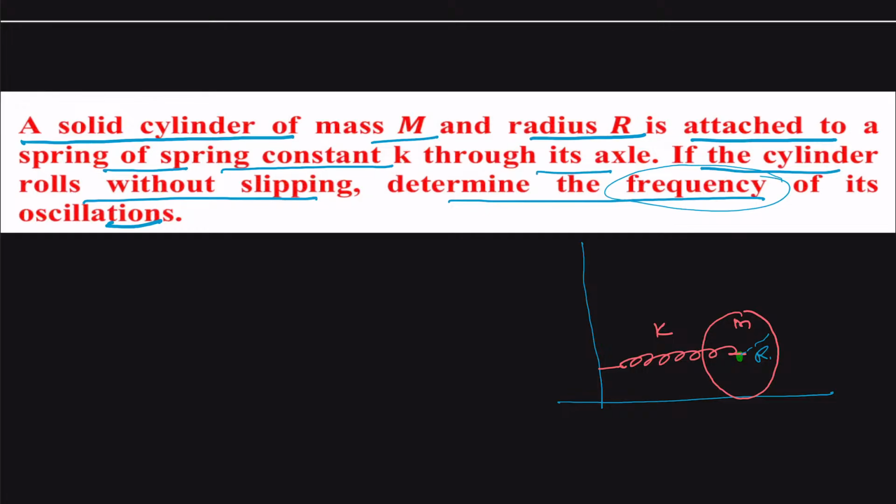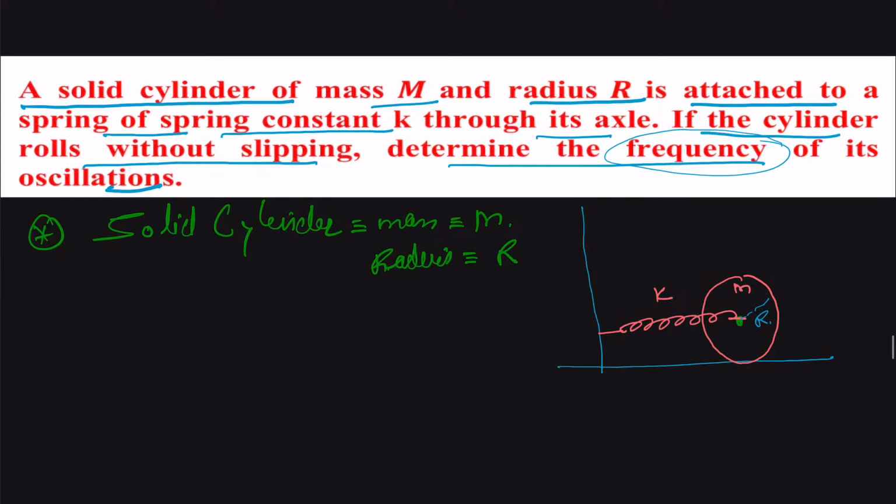So we have a solid cylinder with mass capital M and radius capital R, and we can write the formula for the moment of inertia about its central axis, or the axle.